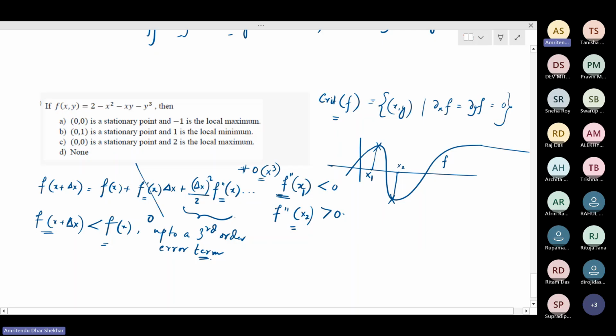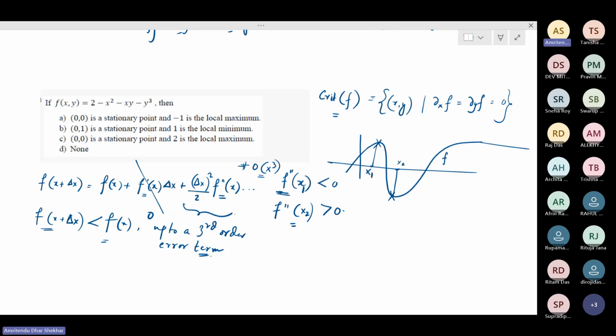Similarly, at the point x2, f double dash x would be positive, and so if you take a second order approximation around the point x2, all the points f of x plus delta x would be greater than f of x, and so x2 would become a local minimum of that function.